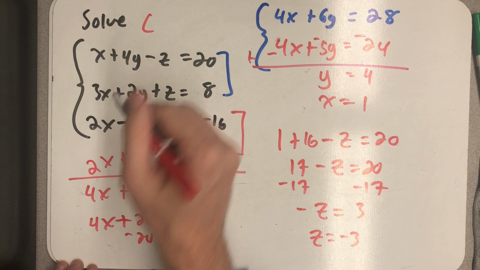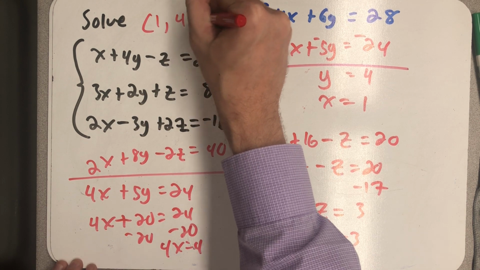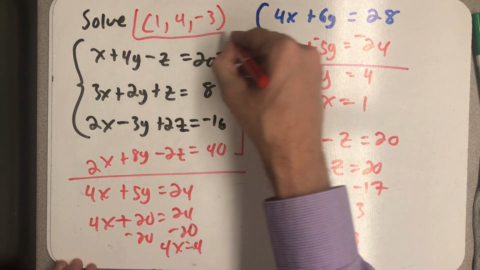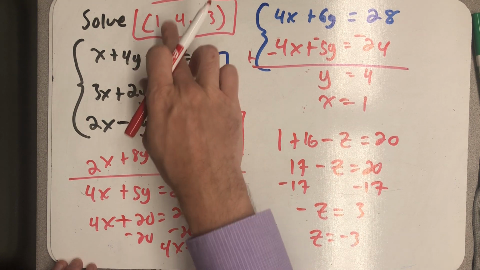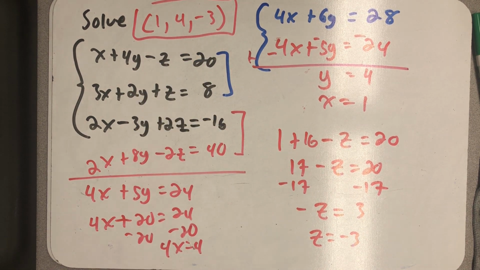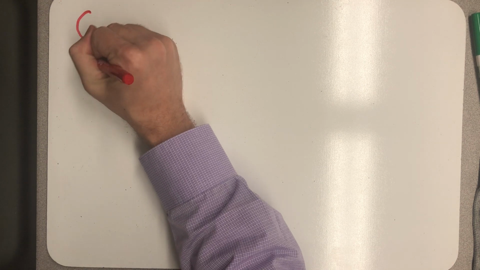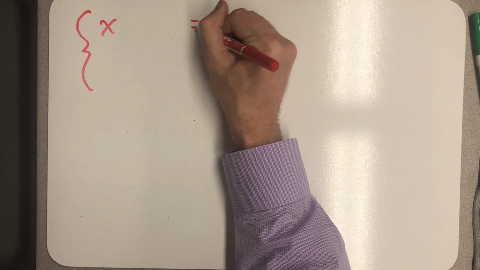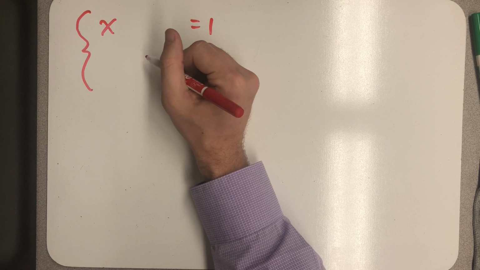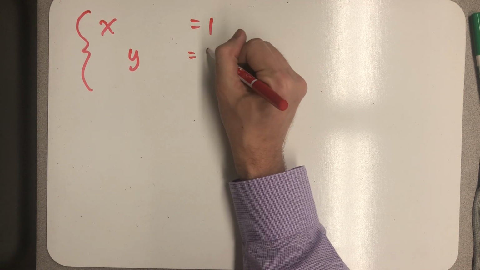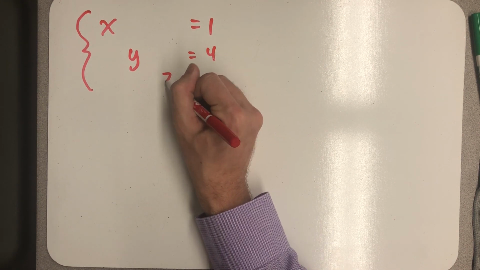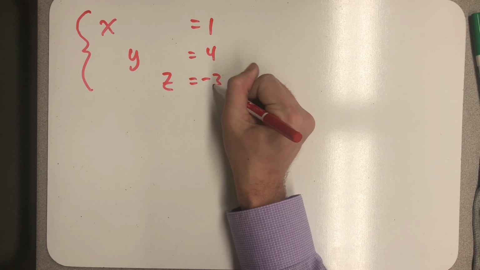The solution is 1, 4, minus 3. X is 1, y is 4, z is equal to minus 3. So that's a system of equations, but so's my solution if I really think about it. It's a very boring system where x is equal to 1, y is equal to 4, and z is equal to minus 3.